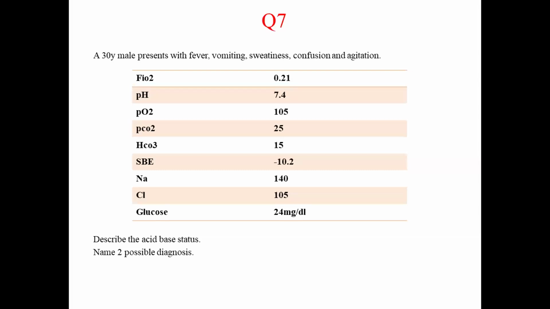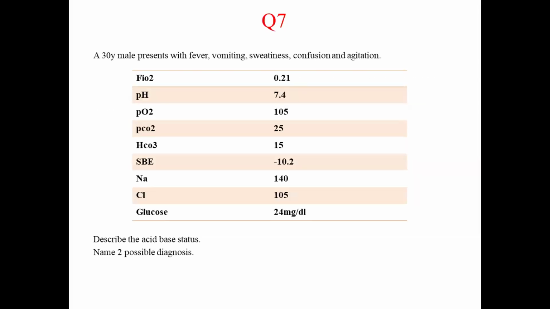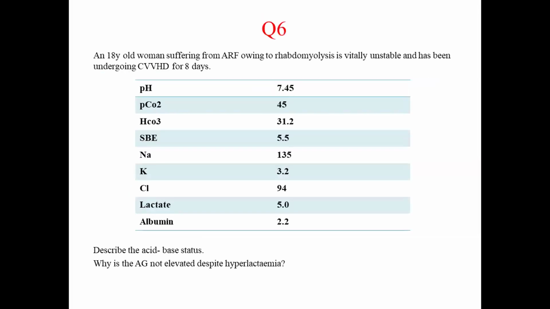So fever, vomiting, sweatiness, confusion, agitation. Delta ratio is 0.375. No, ma'am, 37.5 is the percentage. 37.5 is the percentage change in both the respiratory component as well as the metabolic component.